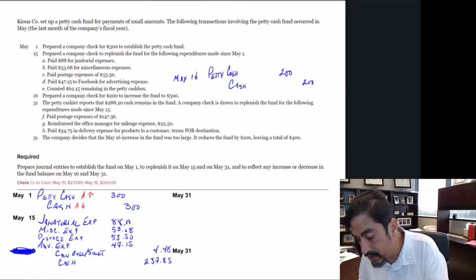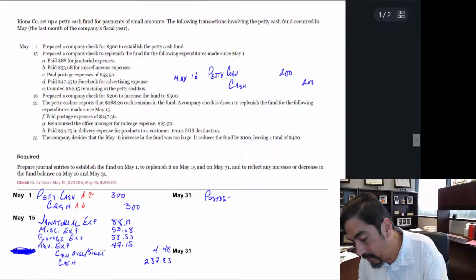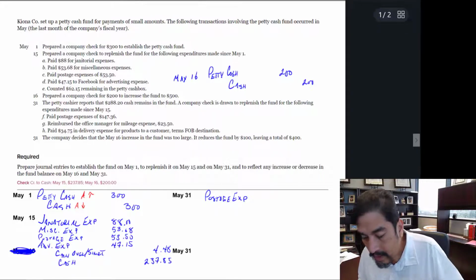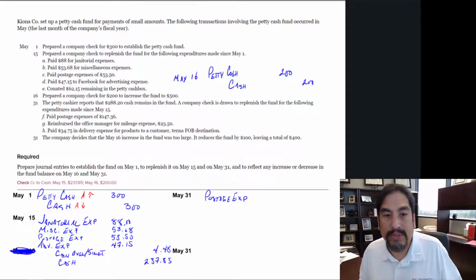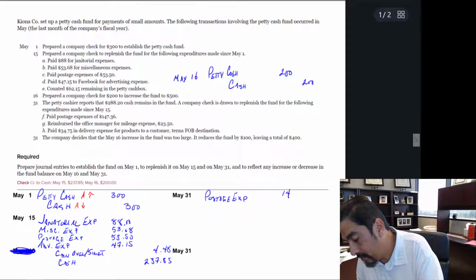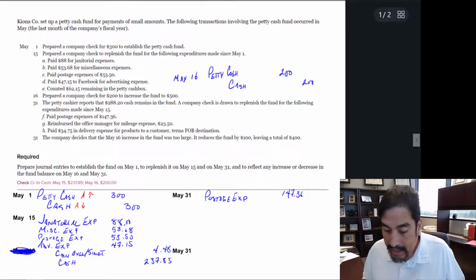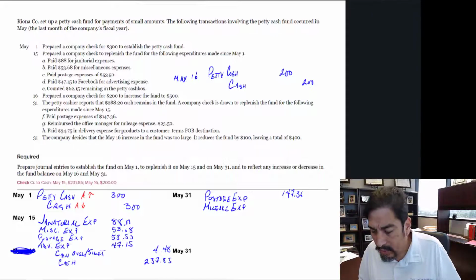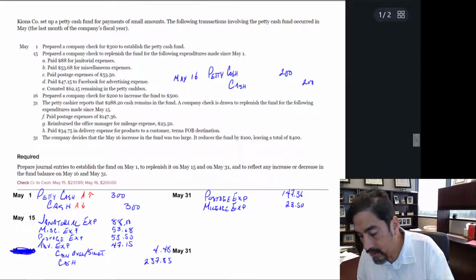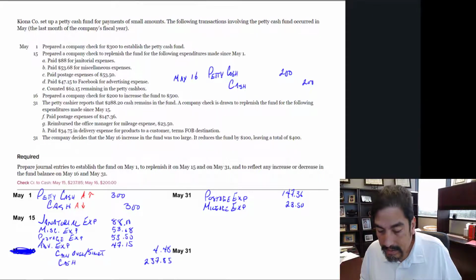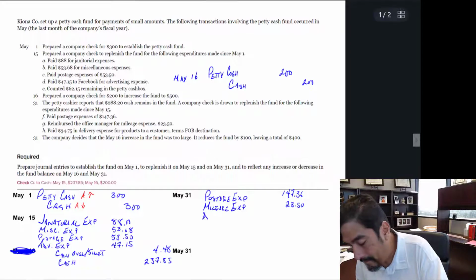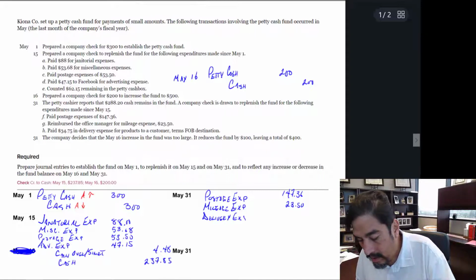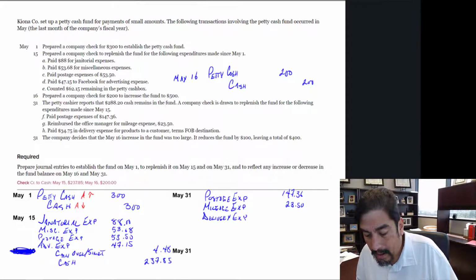I've got more postage expense for $147.36, and I've got mileage expense for $23.50, and delivery expense of $34.75.